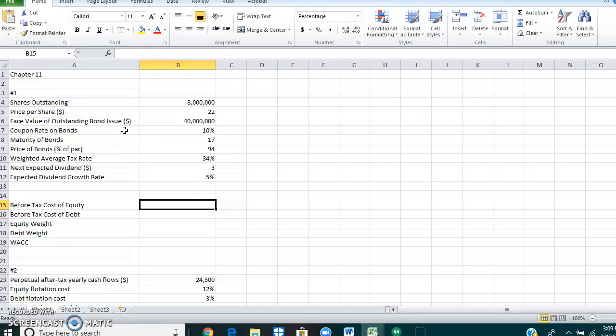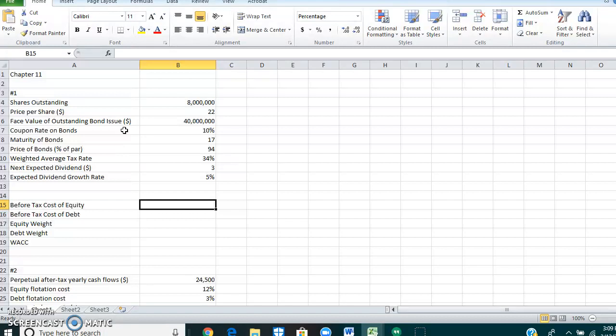Now, from this information, we can figure the before tax cost of equity, the before tax cost of debt, the equity weight, and the debt weight. And we'll use that information to figure our weighted average cost of capital, or WACC.